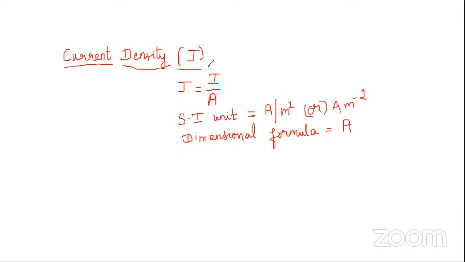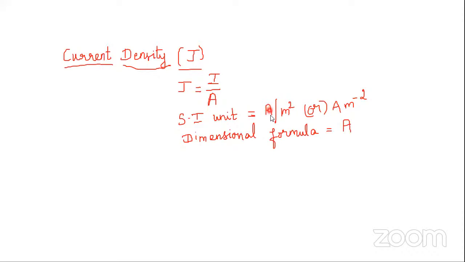Actually, here you have this A as the area of cross section. But for the dimensional formula, you have current in the numerator of this equation. So for that, the dimensional formula is A. This A is the dimensional equivalent of current. You should not confuse this A with the A that is the area of cross section.